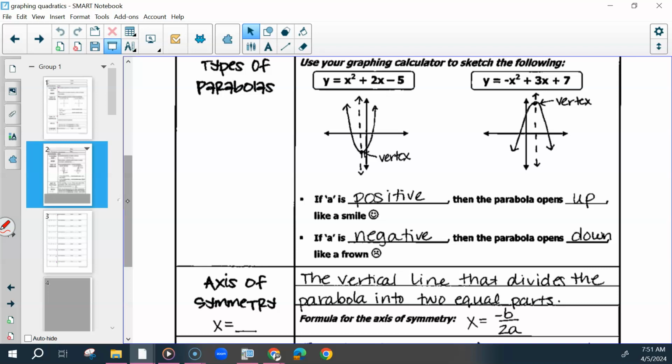And a couple things we'll need to be able to recognize and know is that when this U-shaped parabola faces up, if it's positive, if the A value is positive, it will face up. If the A value is negative, it will face down.